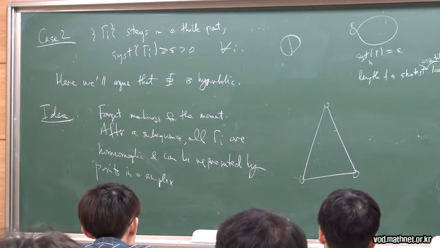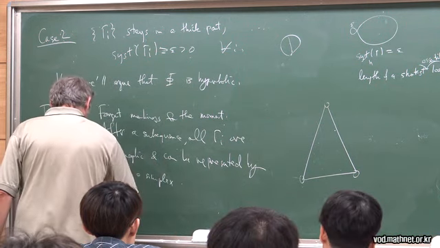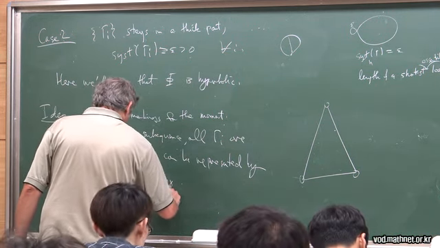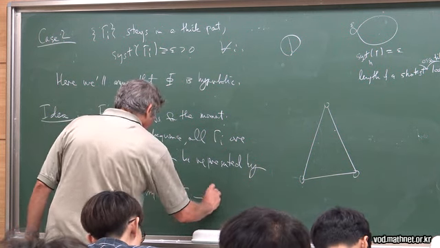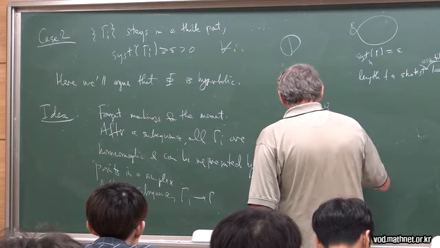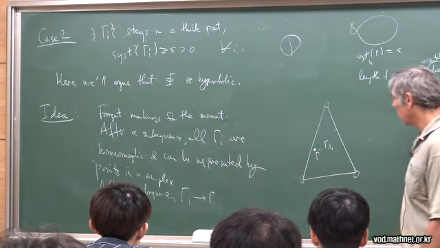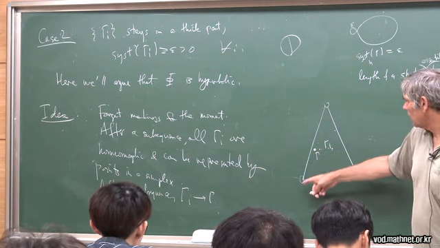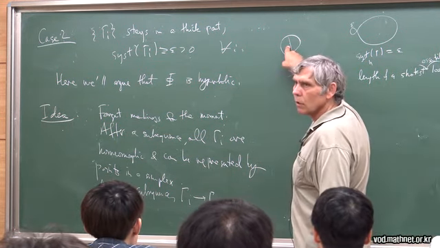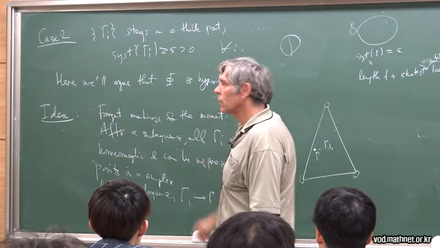After a subsequence, I can assume they converge to some graph gamma. Now, it couldn't be that gamma is in a missing face, because that corresponds to some loop going to 0, and we're assuming that all the loops have definite size. So this is where we're using that it's in the thick part.